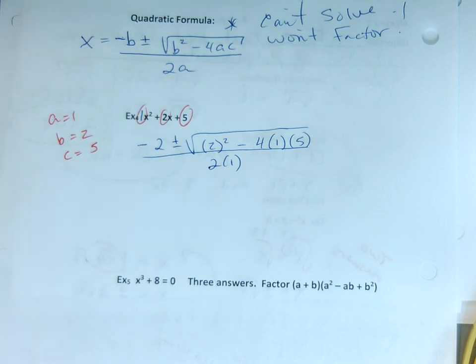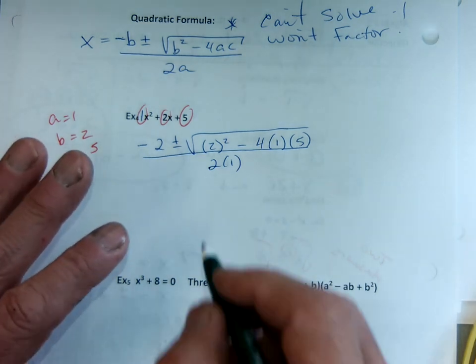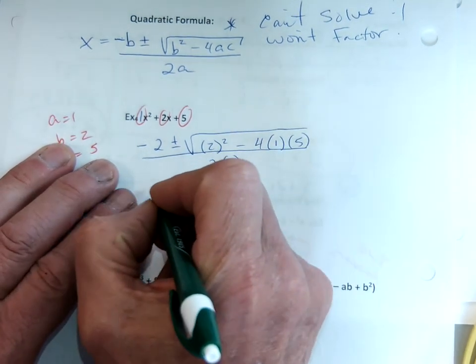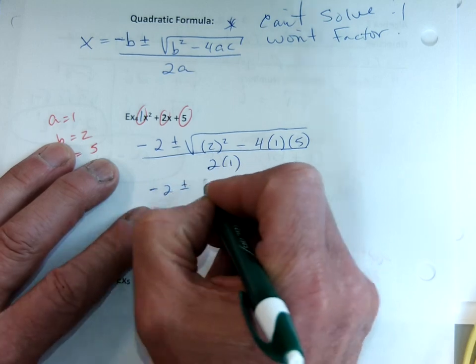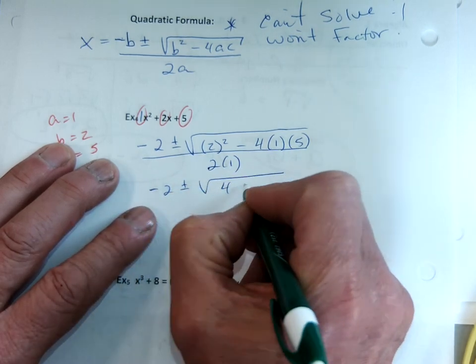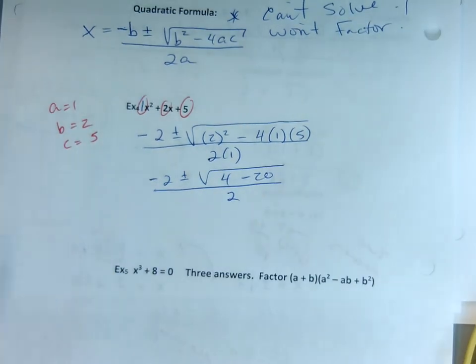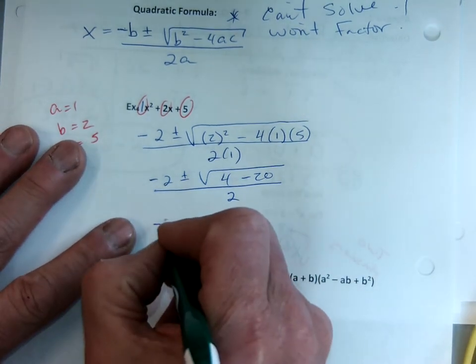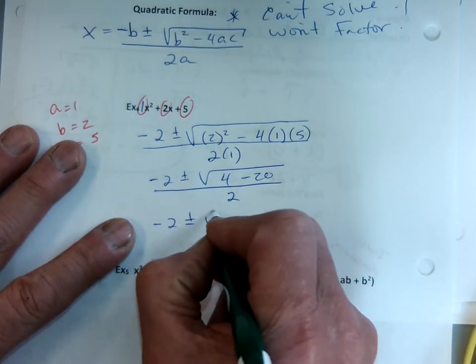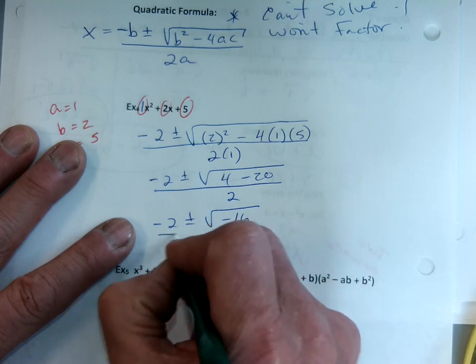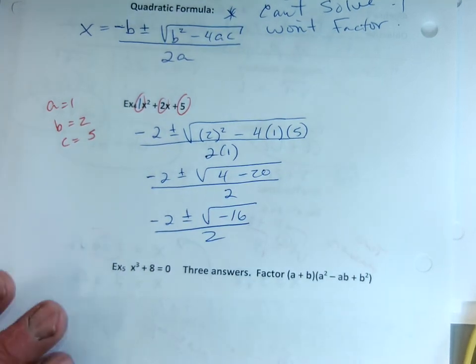Okay, I've plugged. Now let's chug. Negative 2 plus or minus the square root of 4 minus 20, over 2. Negative 2 plus or minus the square root of negative 16, over 2.